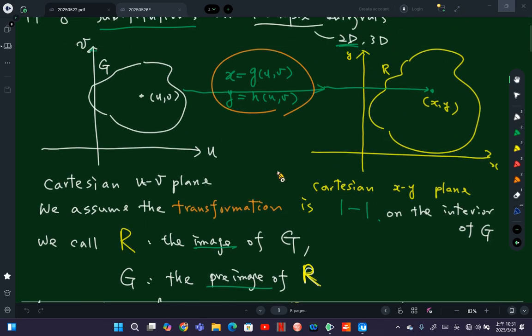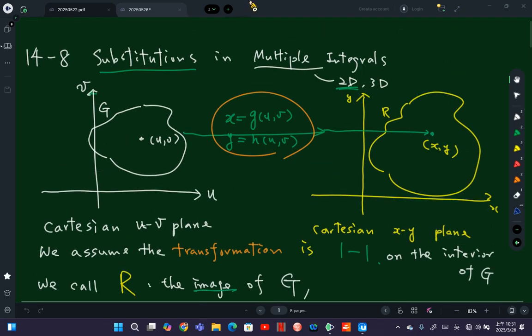The whole idea is the original region of the integration is like this one. I should say this is a new coordinate UV, but the original one is XY.